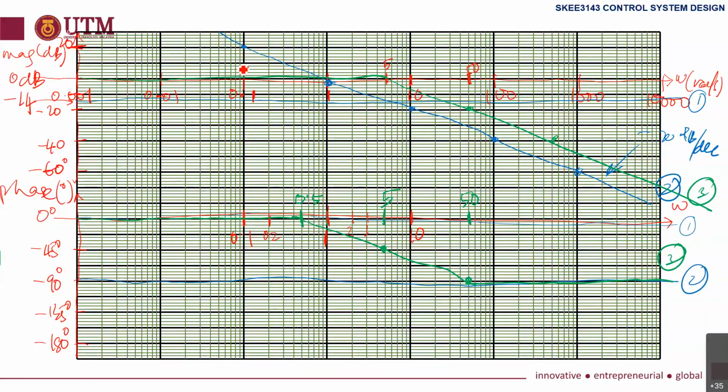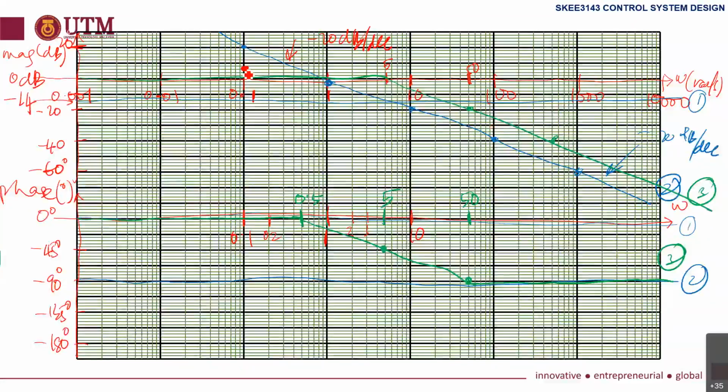Okay, how to add is actually by adding the slope. You see here, in this region, we have slope minus 20 dB per decade. Here slope 0, here slope 0. So it will be minus 20 dB per decade. Until here, also no change, until 5. At 5, the third component becomes minus 20 dB per decade.